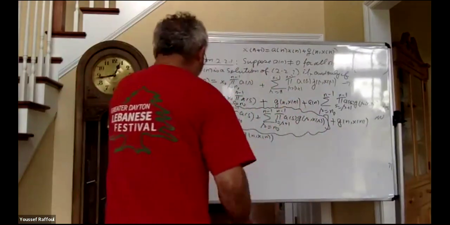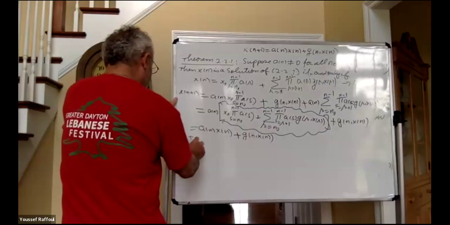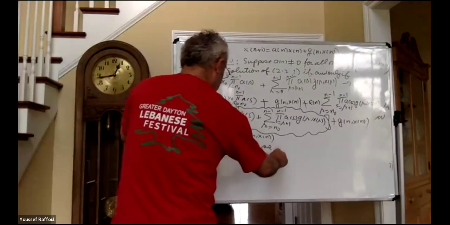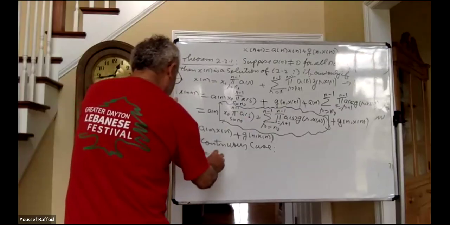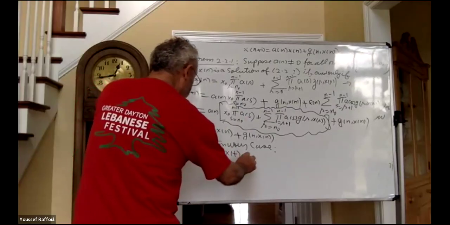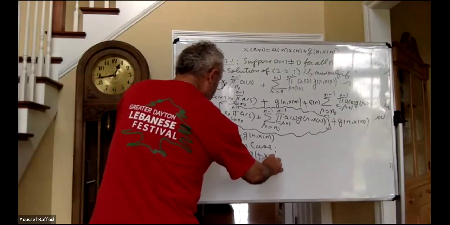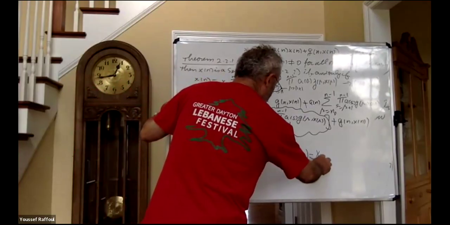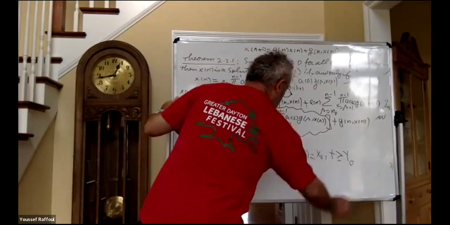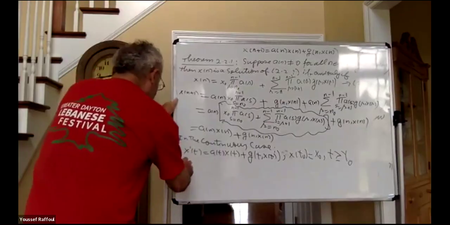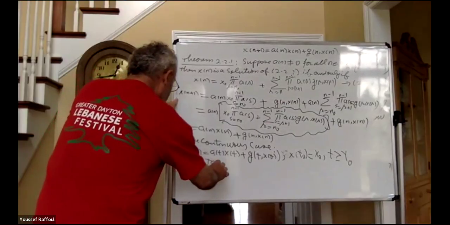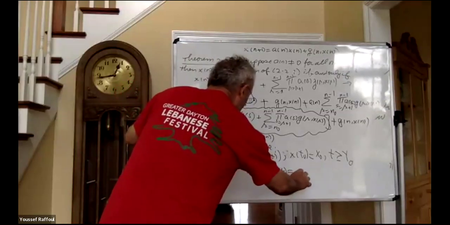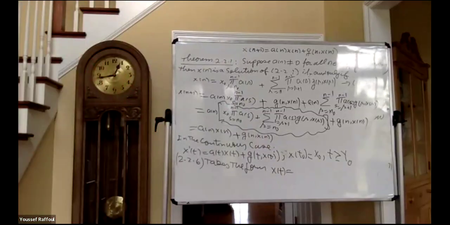All right. Now, in the continuous case, that is if I have x prime of t equal a(t)x of t plus g(t) x of t with x(t naught) equal x naught and t bigger or equal to t naught, then 2.26 takes the form x of t equal to, let me copy it down because I don't want to spend time on it.